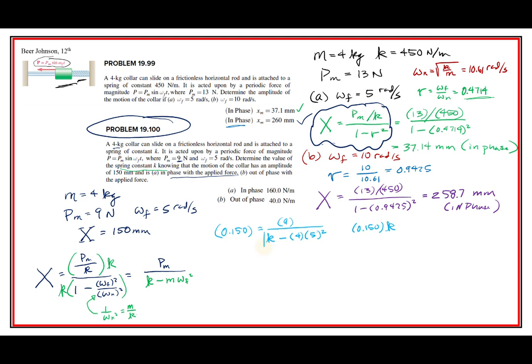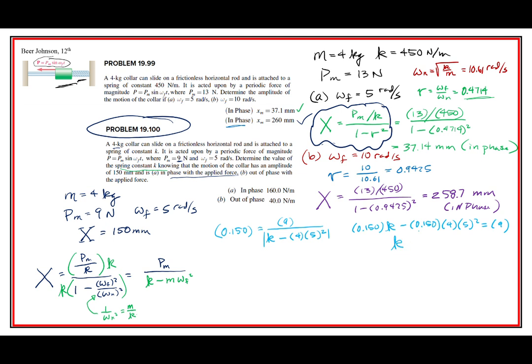So let's put that in there. That means it's plus or minus. Let's do the plus version right now. So we're going to go minus 0.15 times 4 times 5 squared is equal to 9, right?